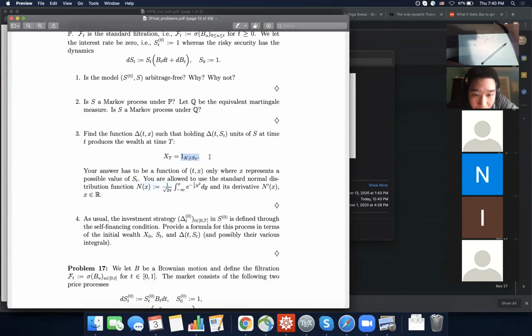This is the payoff. And then it says you are allowed to use the standard normal distribution function and its derivative. Oh, okay, standard normal. Gotcha. Yeah, it's a standard normal. That's why we normalized it. Okay, got it.